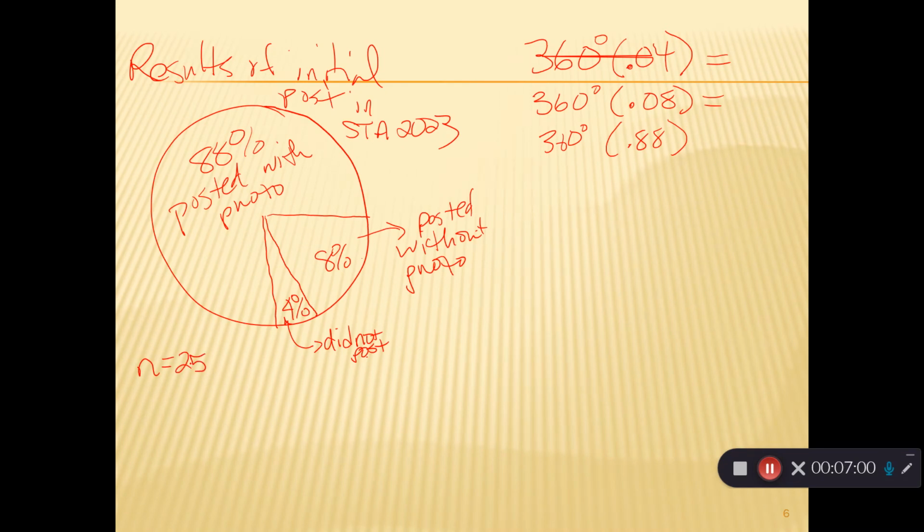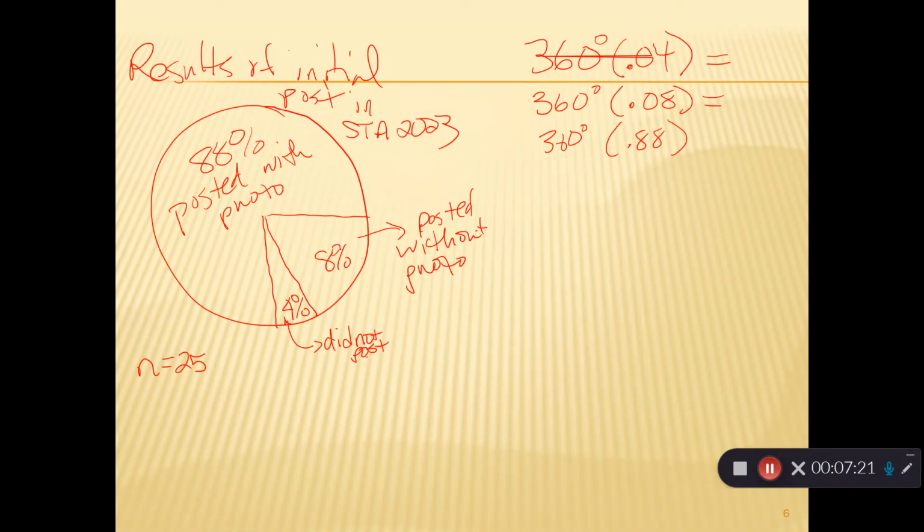We use a circular chart, a pie chart, whenever we are breaking up parts of a whole. So if I have the entire class divided into categories, I'm breaking up parts of a whole, and each person falls into one category or another.